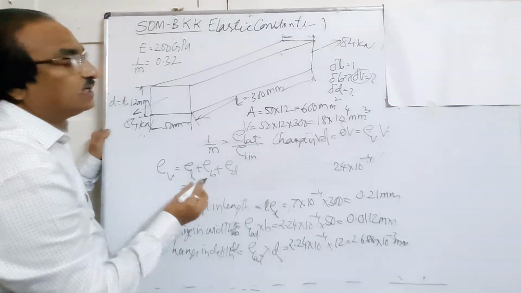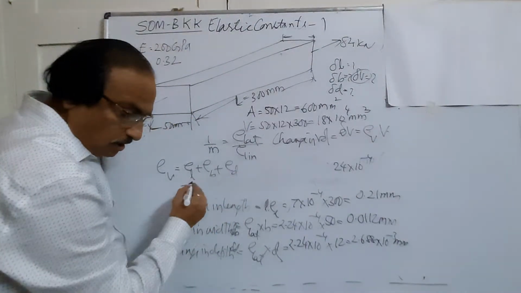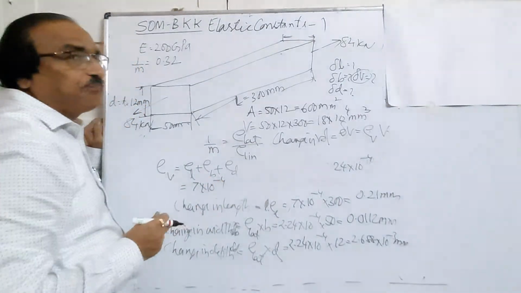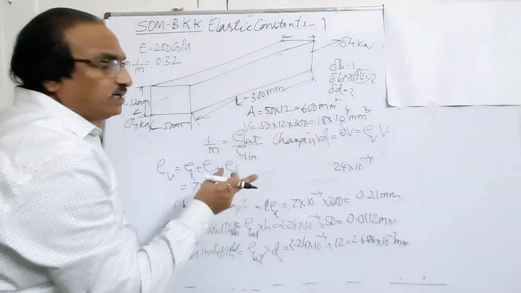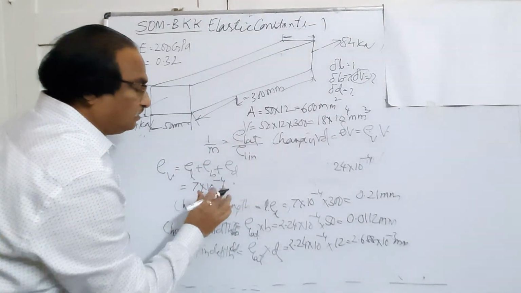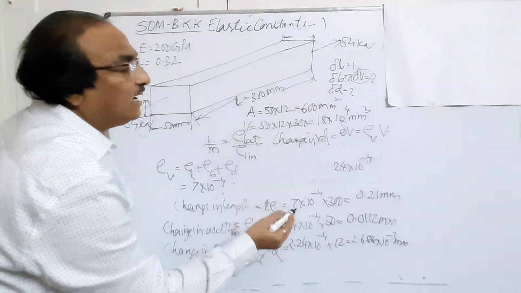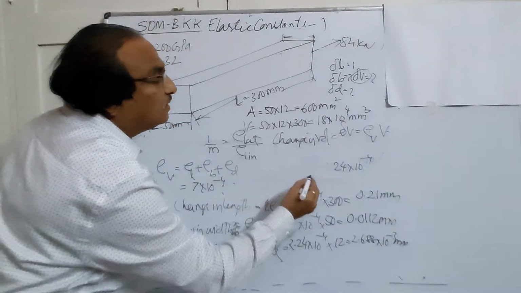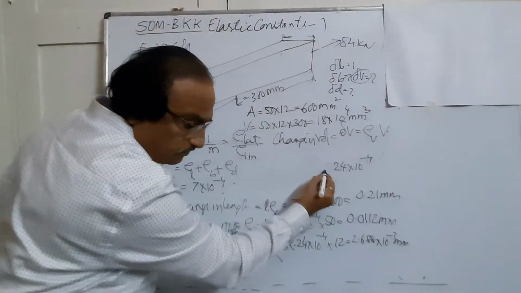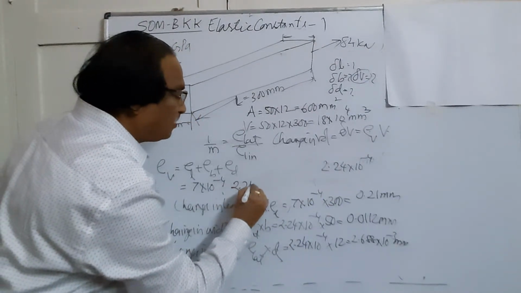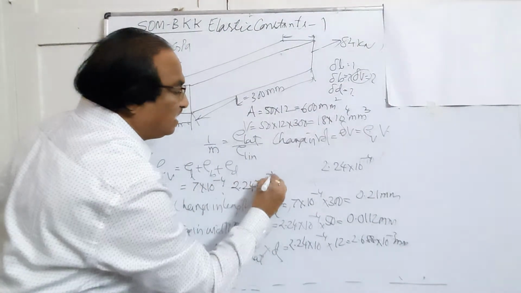So linear strain we have seen is 7 into 10 to the power of minus 4. Lateral strain is the same for B and D. So it will be plus lateral strain, 2.24 into 10 to the power of minus 4.